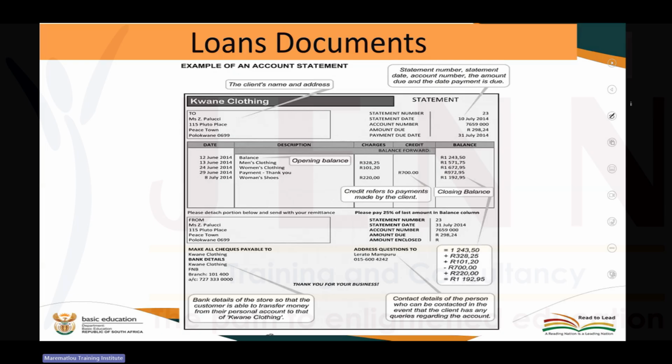Okay, now here is another example. But this one is what now? It's an account statement. Remember, it is still a loan. Still a loan. That's Victor.